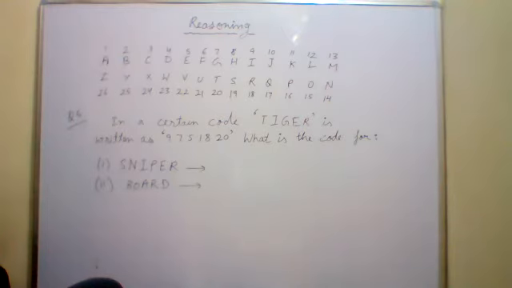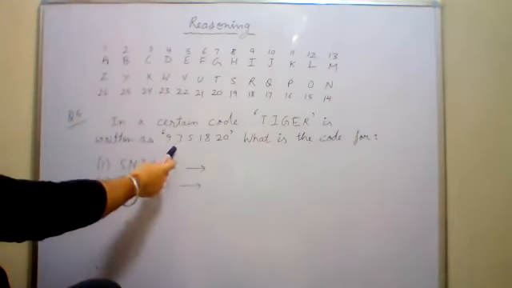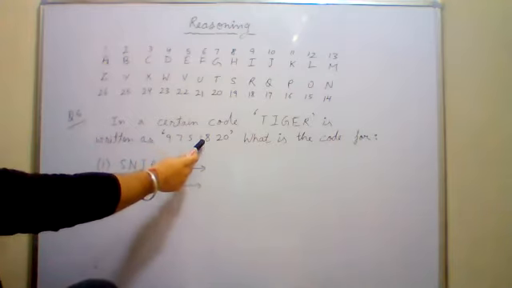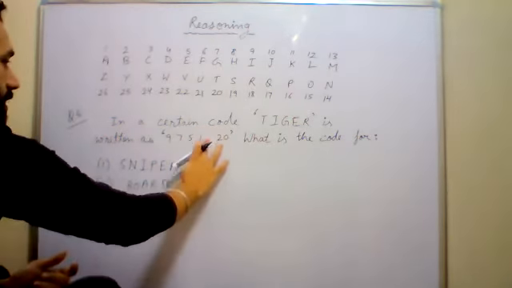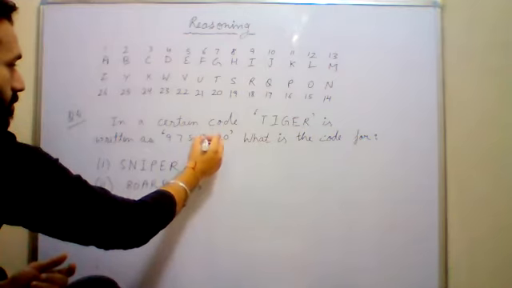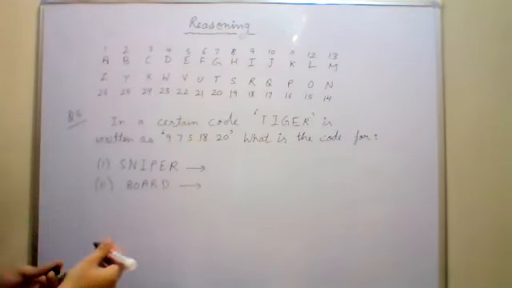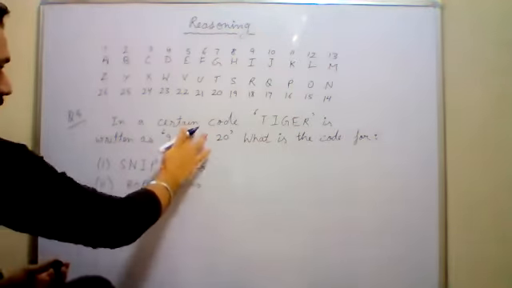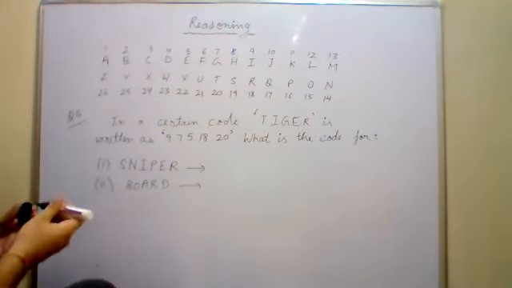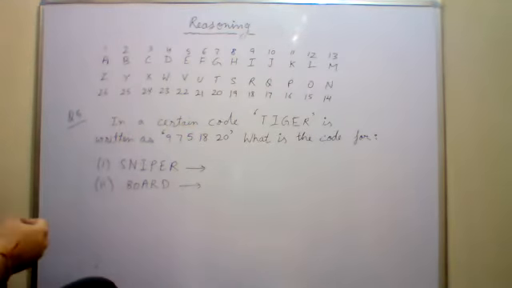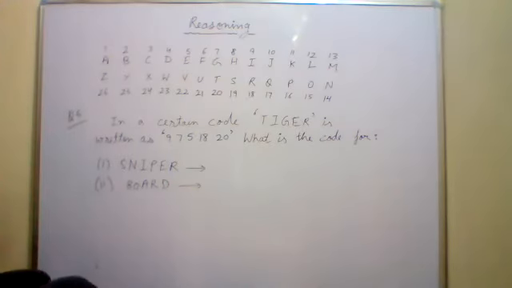So what is the code for tiger in this question? 9, 7, 5, 18, 20.